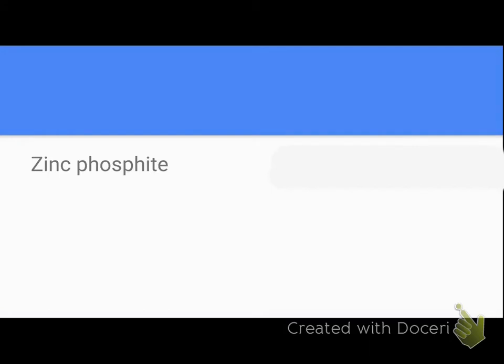All right, another one here. We have zinc phosphite. So my charge on zinc, I know zinc is always +2. Even though it's a transition metal, it's one that always has the same charge. Phosphite has a -3 charge. What do we do with our charges when they are not the same? You got it. We cross them.